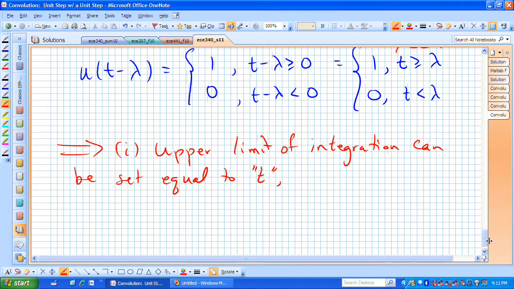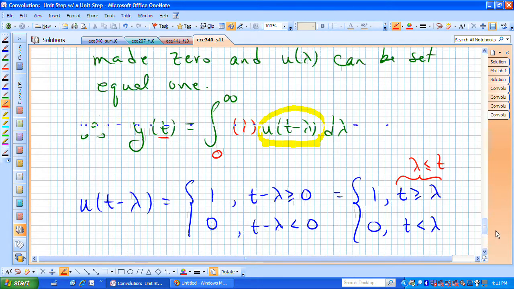because anytime lambda, our integration variable, exceeds t, then this integrand, u of t minus lambda, becomes 0.